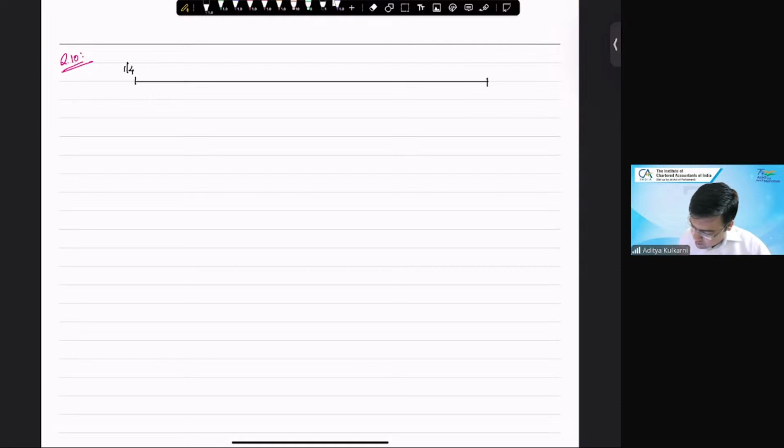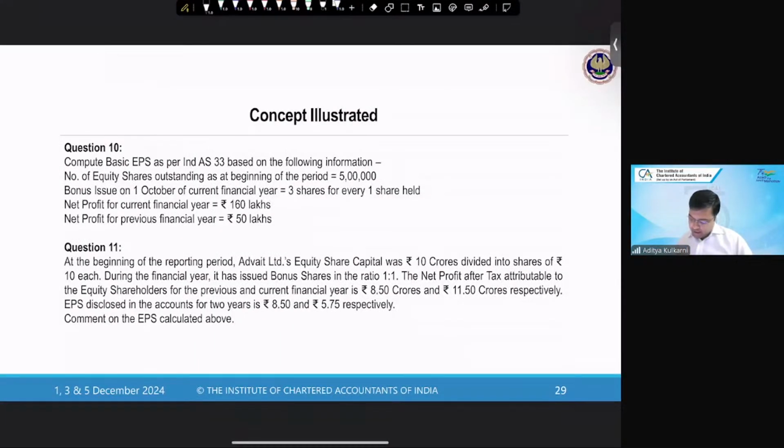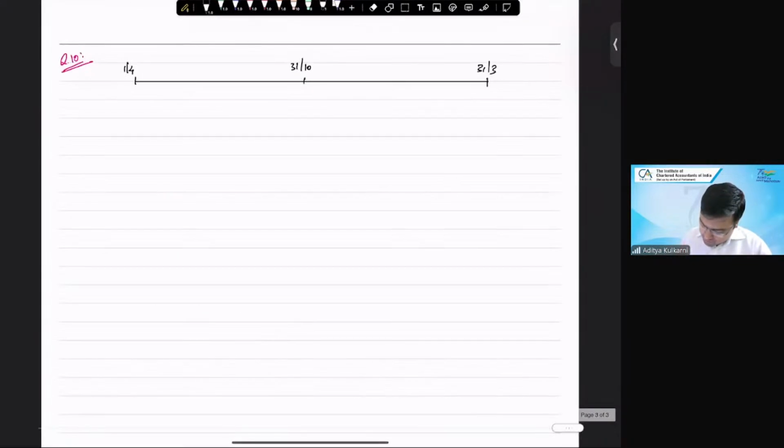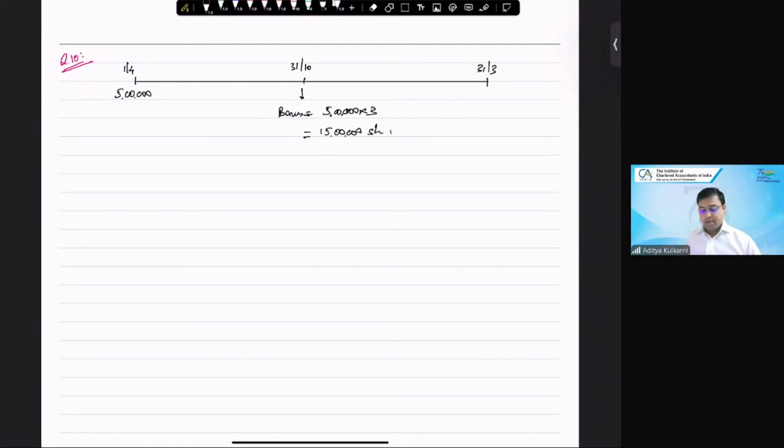First April, 31st October, 31st March. So 1st April, I had how many shares? 5 lakhs. First October, bonus is equal to 3 for every 1 held. So that is equal to 15 lakh shares.